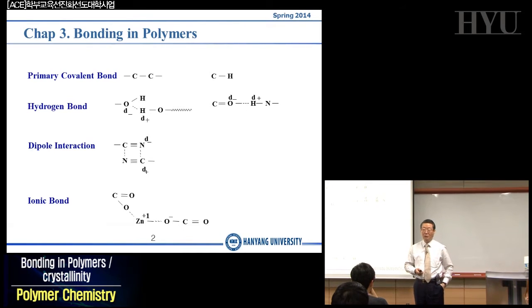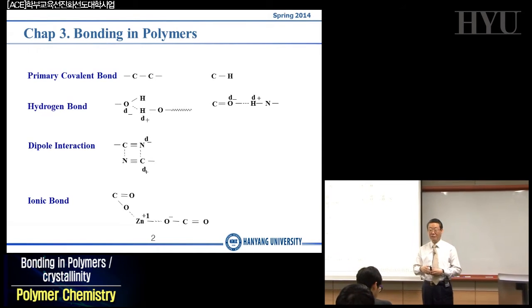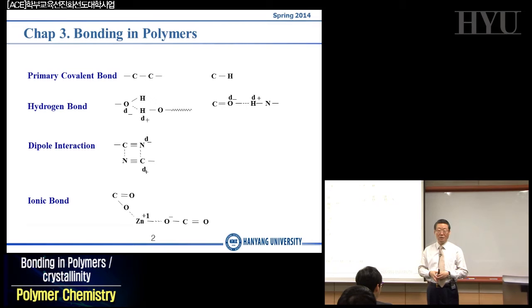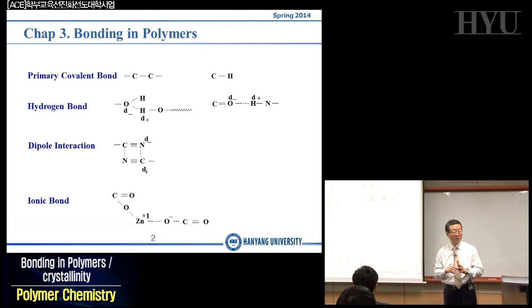If it's not crystalline and it's totally amorphous, it will be a rubbery polymer. It's not very strong, so your fiber will be very stretchable, just like stretchy leggings. If you do not have any crystallinity and it's amorphous, such as urethane, then it's much more stretchable.